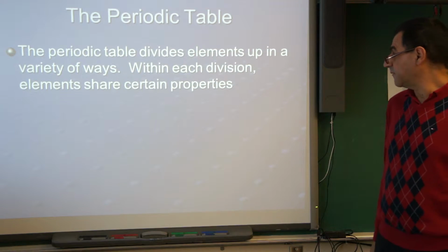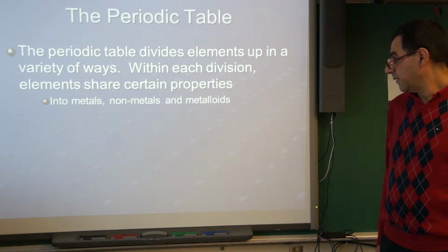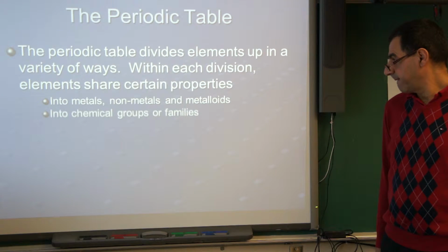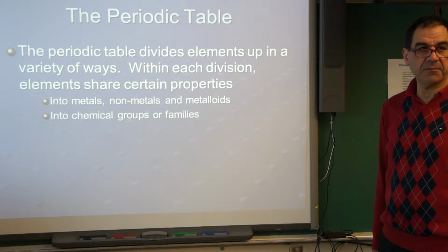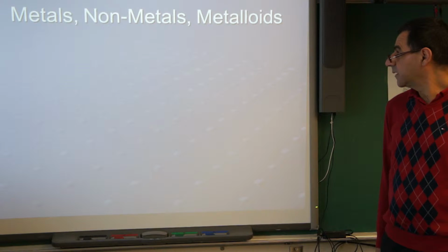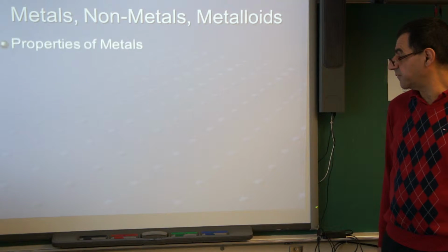The periodic table divides elements in various ways: metals, nonmetals, and metalloids, into chemical groups or families, into periods. So metals, nonmetals, and metalloids.